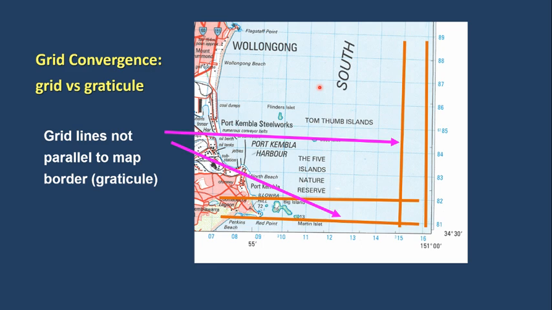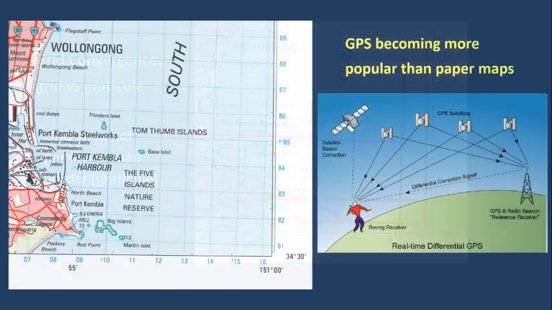So there was a slight difference between the grid and graticule there, and that often had to be taken into account as part of how we use and interpret the maps.